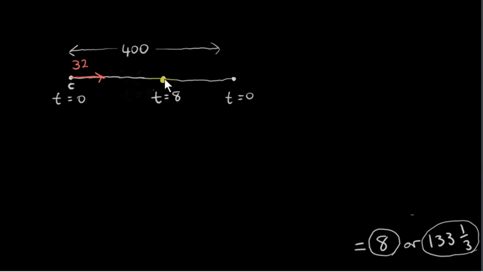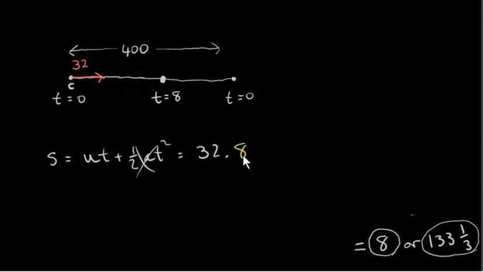So t equals 8, the vehicles collide somewhere along here. So the car's speed is constant. So from s equals ut plus a half at squared, we get 32 times 8. The acceleration is 0.